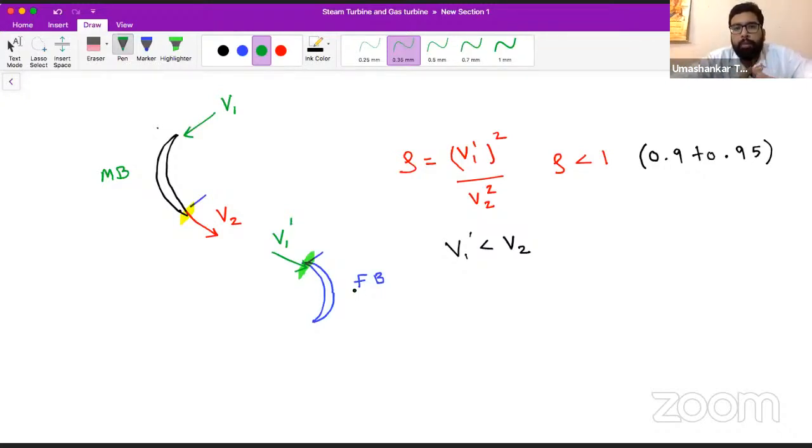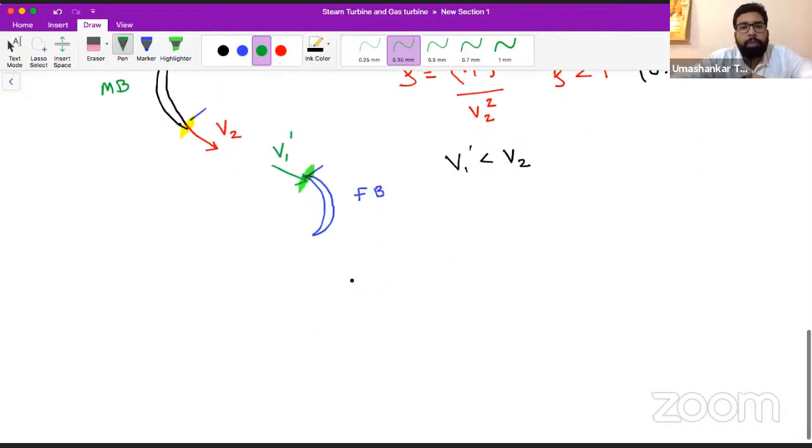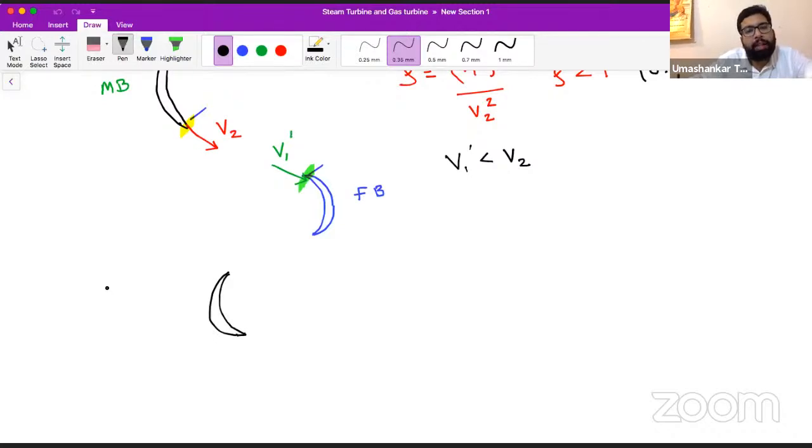We are wasting our money. So as an engineer, we don't have to do it. If there is a fixed blade, it must be followed by a row of moving blade. So let's say we have another moving blade.